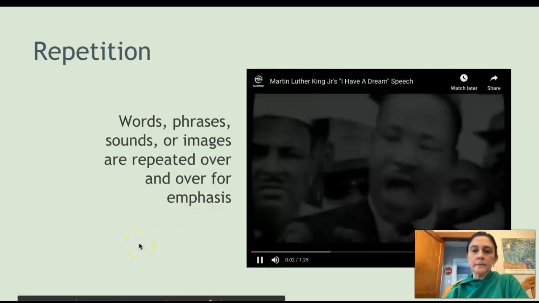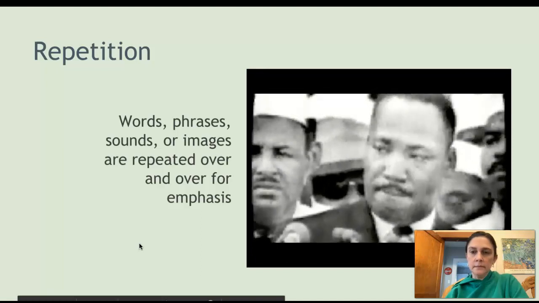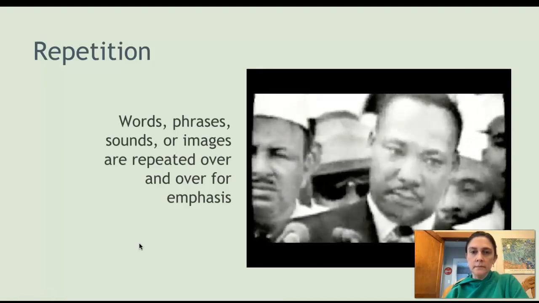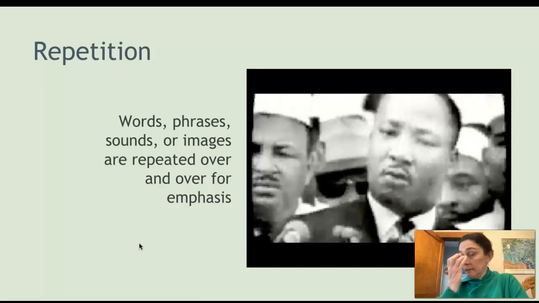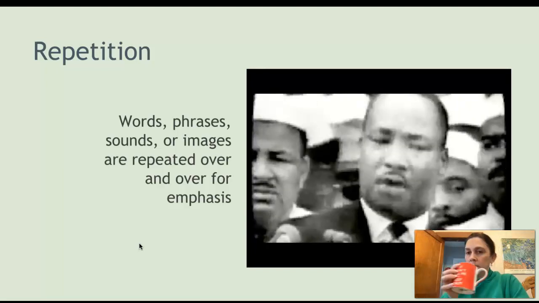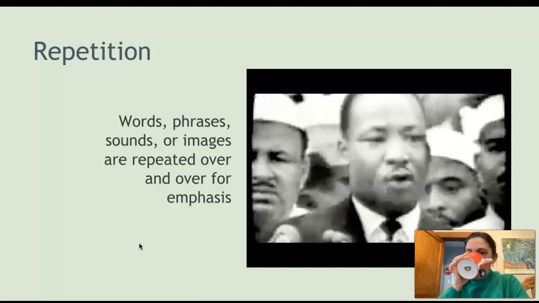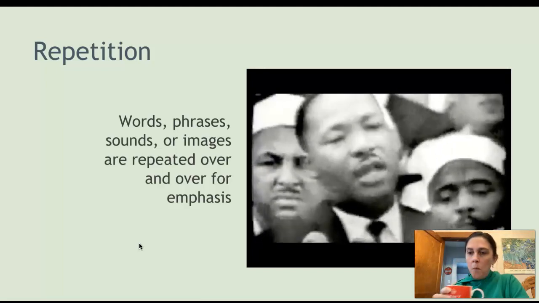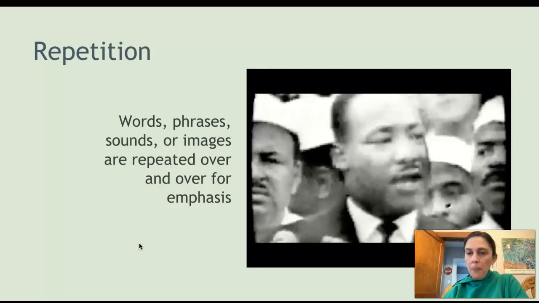I have a dream that one day this nation will rise up, live out the true meaning of its creed. We hold these truths to be self-evident, that all men are created equal.